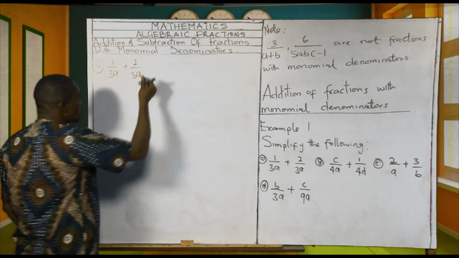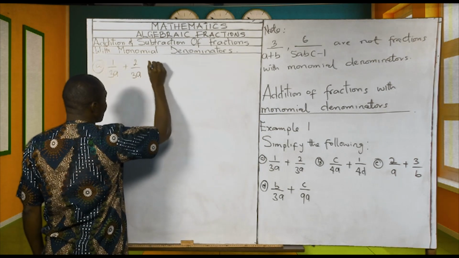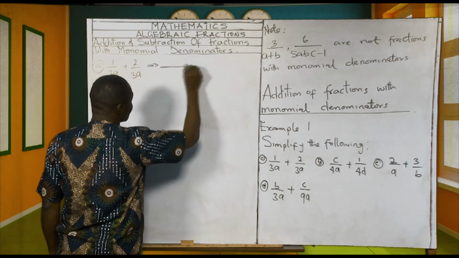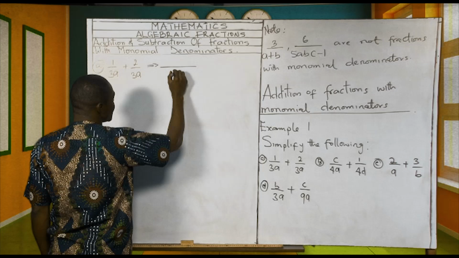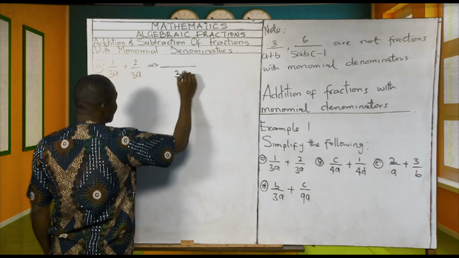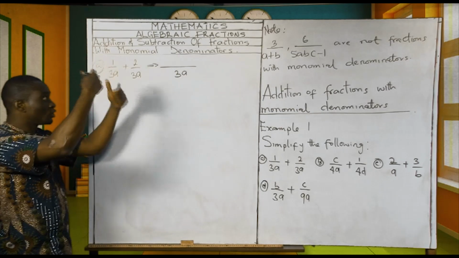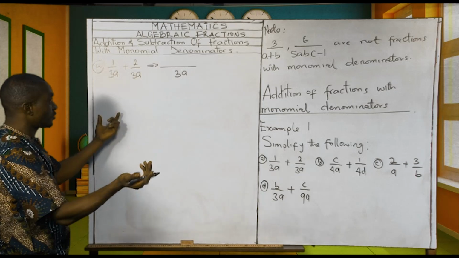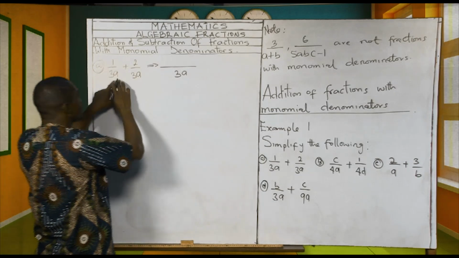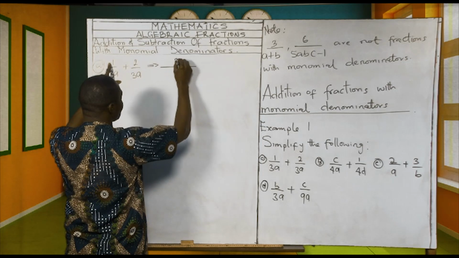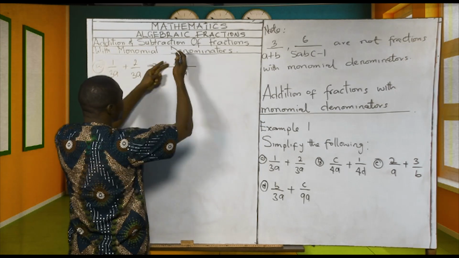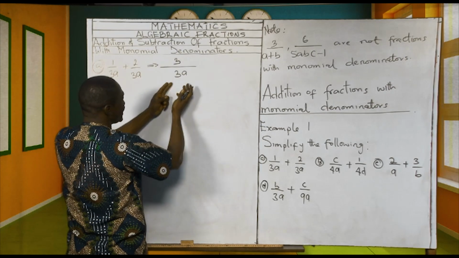What you just need to do is to write out the common denominator, which is 3a, and add their numerators. That is all. So 1 plus 2 will give you what? 3. So we have 3 over 3a.